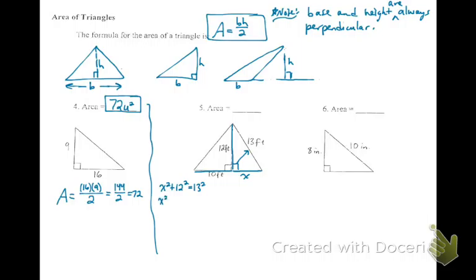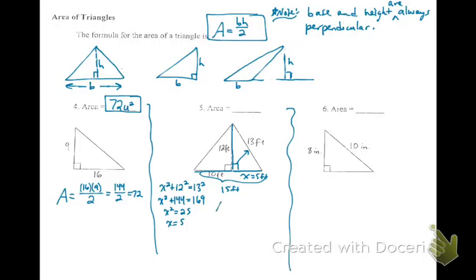Okay, go ahead and pause the video now and continue solving this problem, see if you can get the answer. Okay, so hopefully you've gotten the answer. That little base part is going to be 5 feet. So that means the entire base is going to be 15 feet.